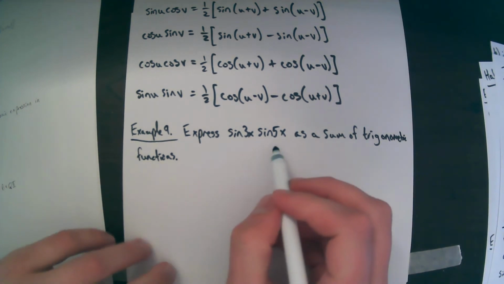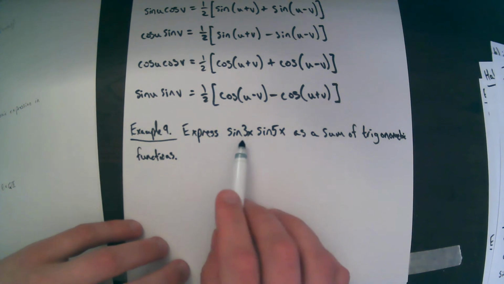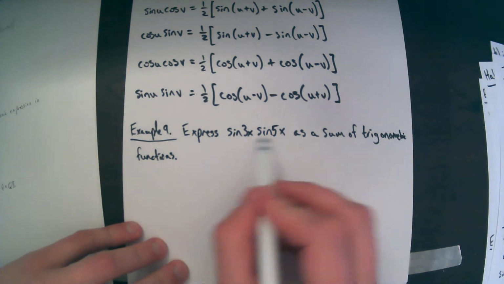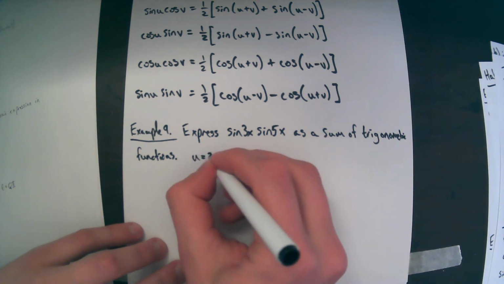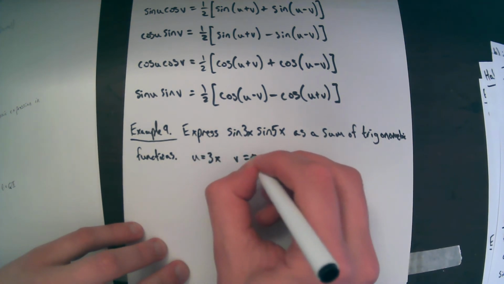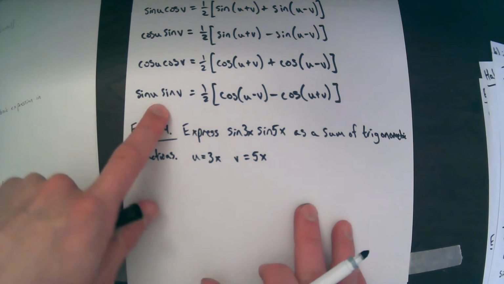Alright, sine of 3x times sine of 5x. Here we've got a product of two sines with different inputs. I'm going to call u 3x and v 5x, and use this formula here.